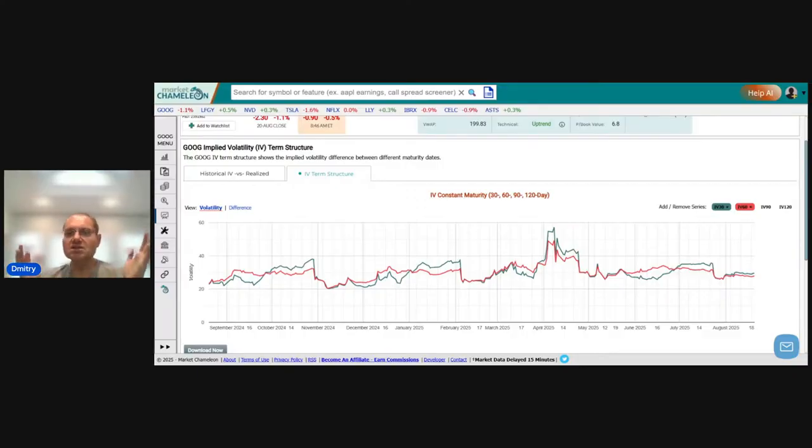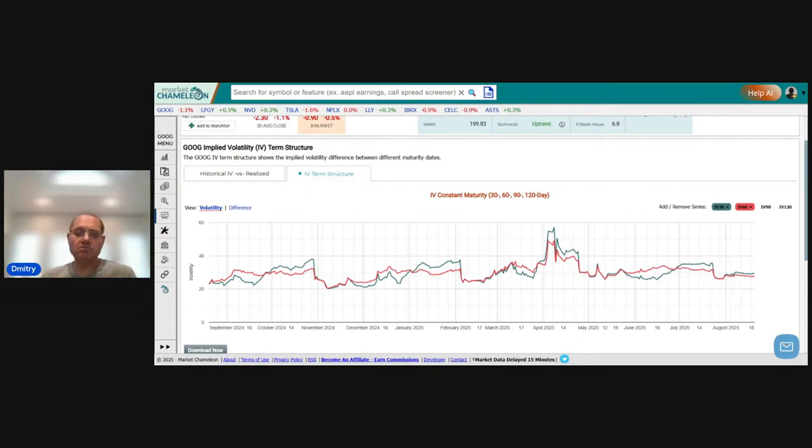There's variance there, and just eyeballing it, we could see that the 30-day, which is in this dark green line, fluctuates above and below the 60-day red line. So they're not exactly moving in sync.